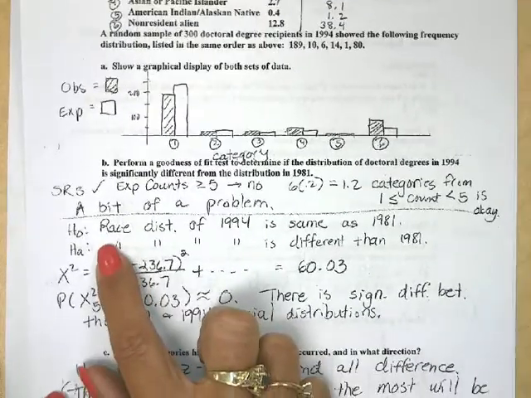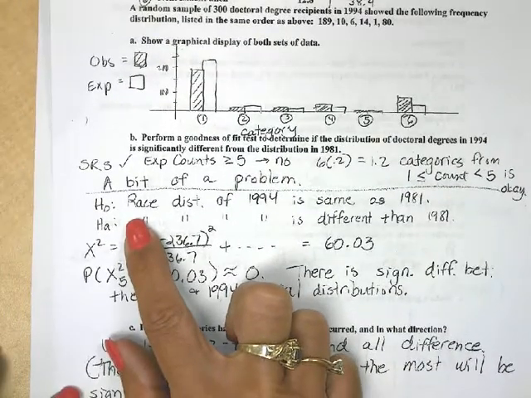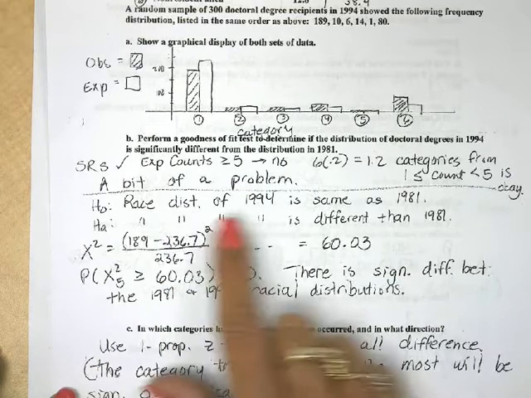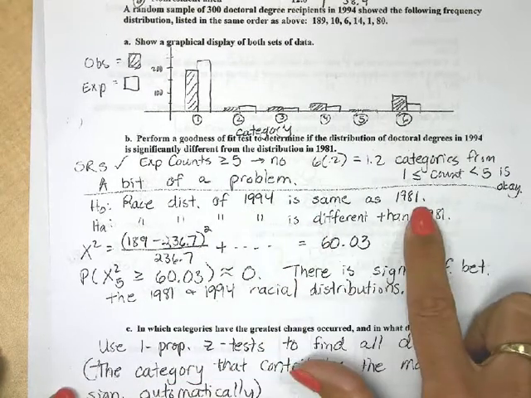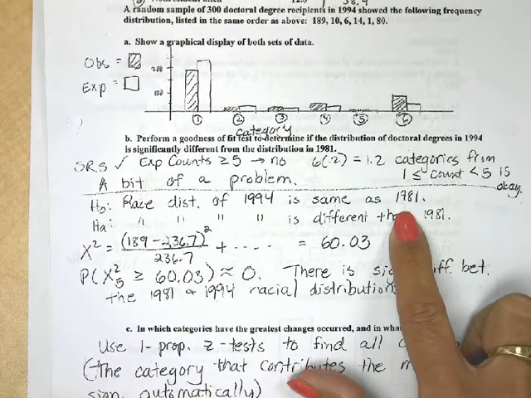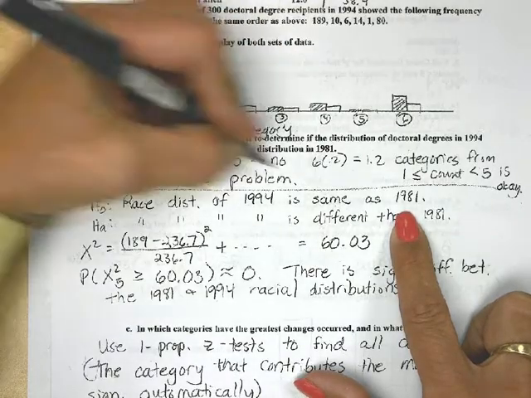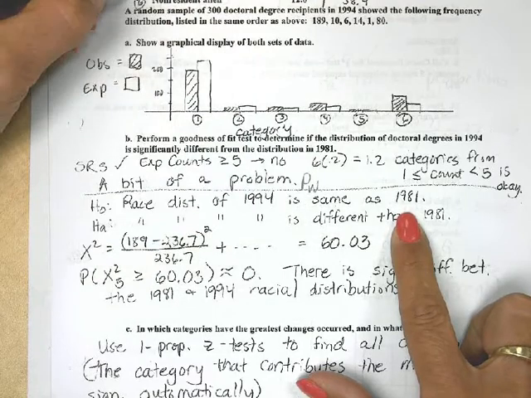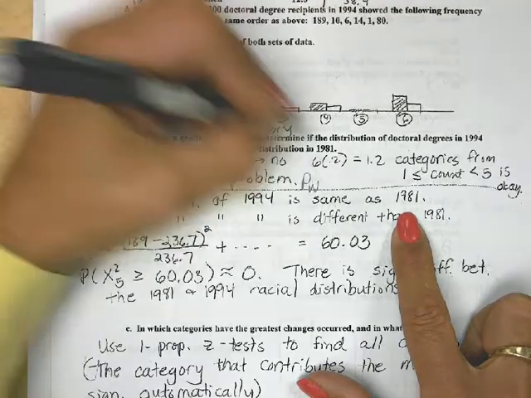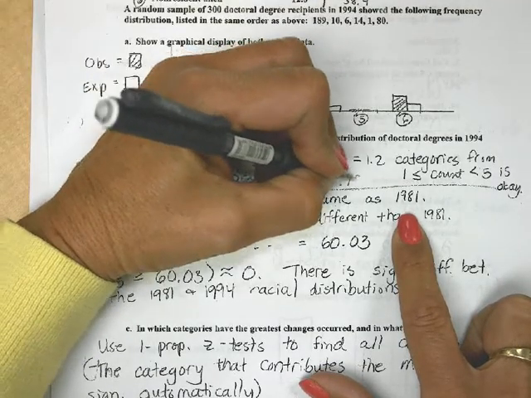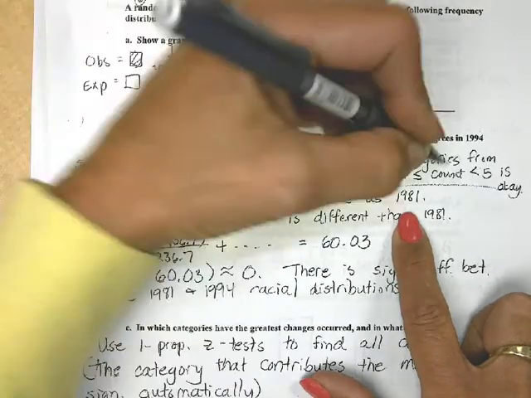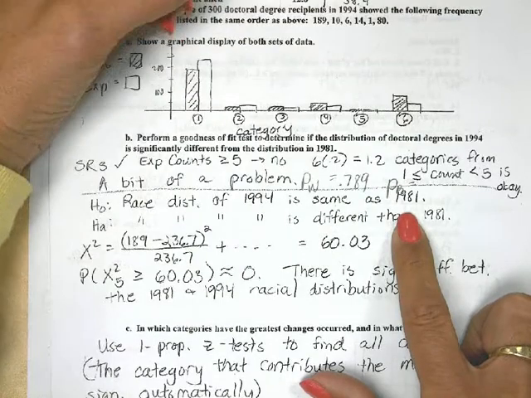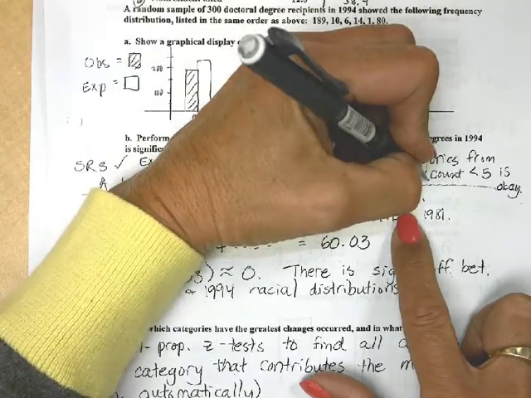Now notice the way I wrote down my null hypothesis this time: that the race distribution for 1994 is the same as 1981. I could have also said that the proportion who are white, in that first category, is still going to be 78.9%. I could have said that the proportion who are black is still going to be 3.9%, and so on.